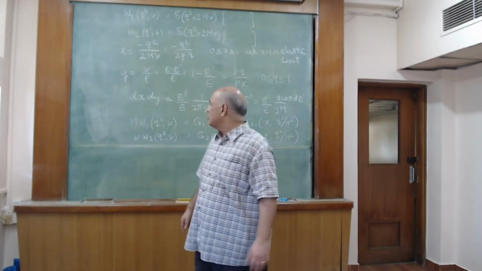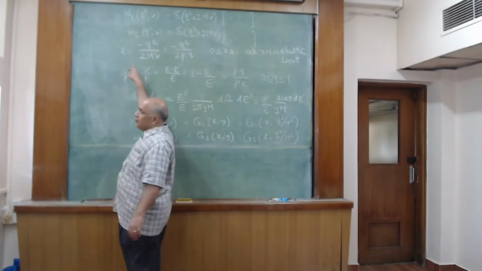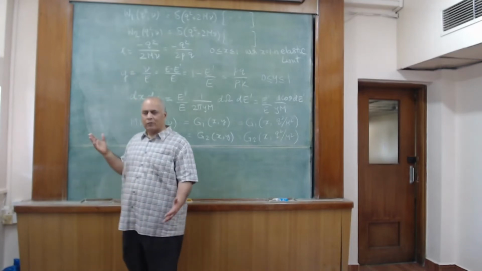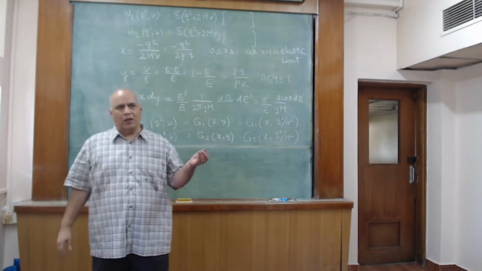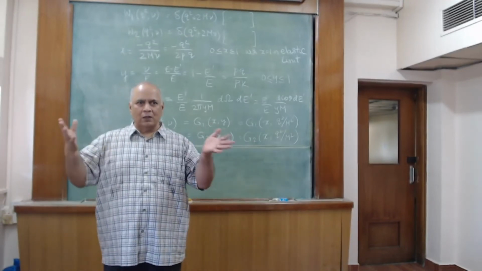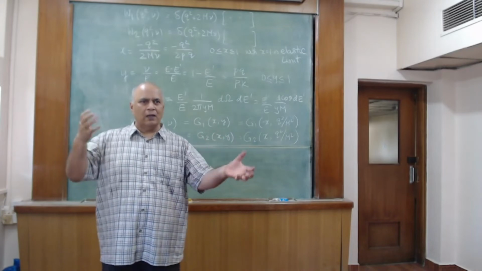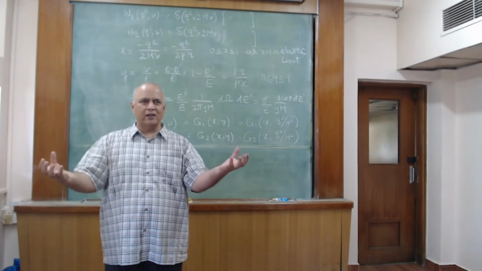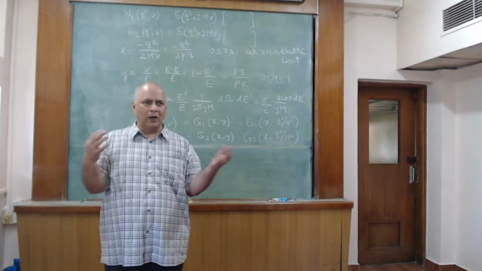So in that sense, we think of x as an important variable, and of course in quantum field theory, q square is always an important variable, quantifying the effect the two parts of the interacting system have on one another.